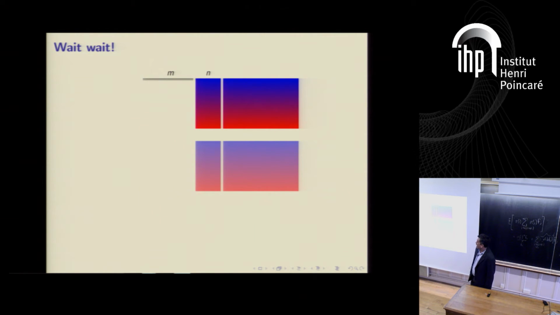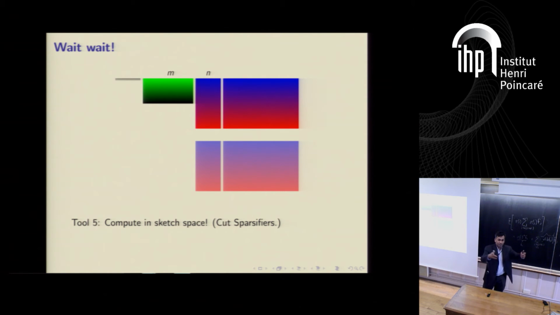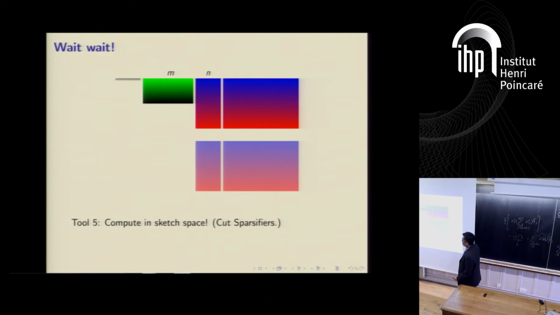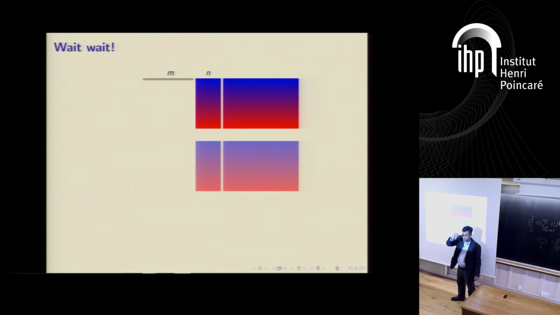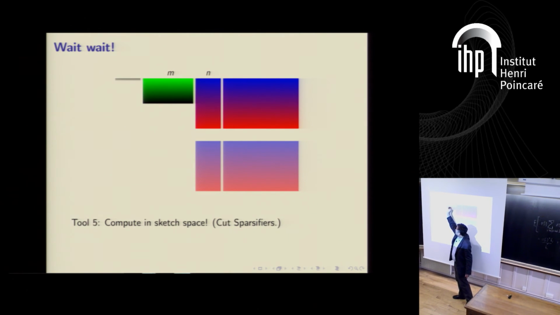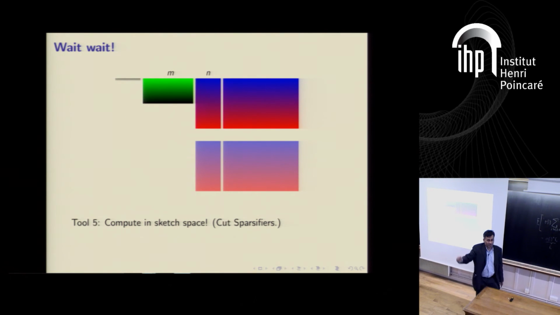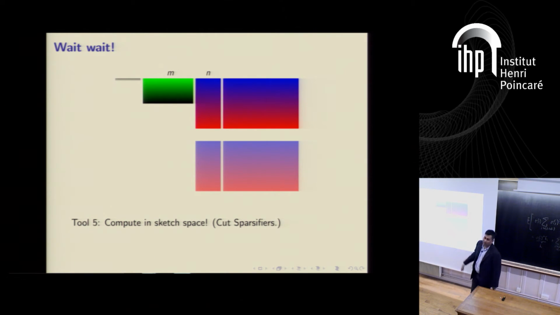So the solution to that, and that has been the theme of this entire set of talks in the last 2 days, is instead of thinking of the weights being stored explicitly, just think of the weights being generated through some kind of pseudo-random matrices. In particular, the matrices we'll use are cut sparsifiers.